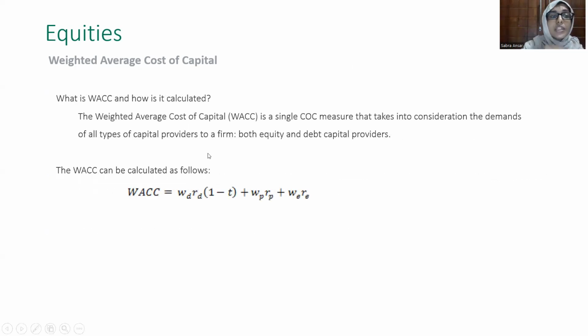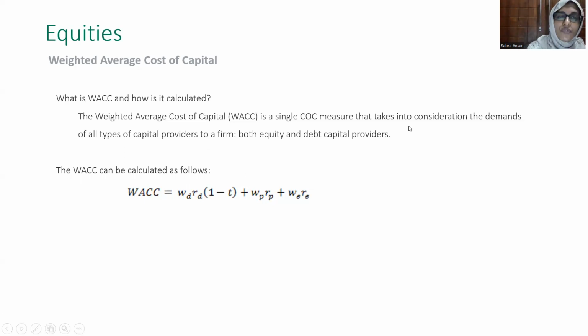So now I said what weighted average cost of capital is. Now we need to see how this cost of capital is calculated. It's a single cost of capital measure that takes into consideration the demands of all types of capital provided to a firm, which includes debt as well as equity.